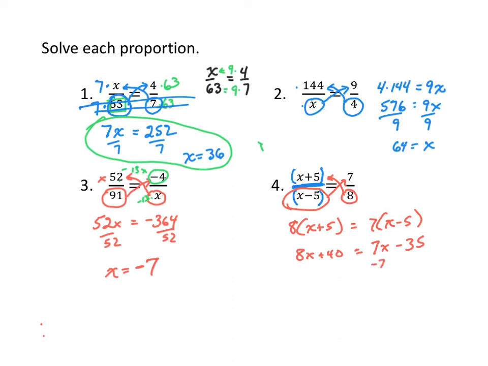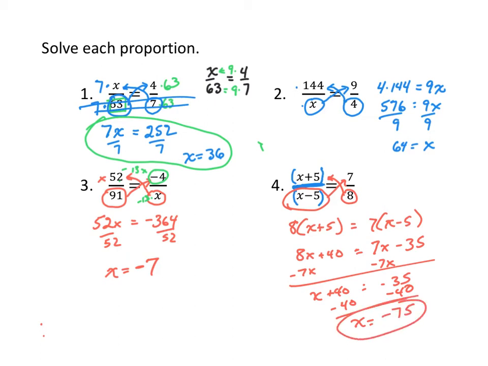So let's subtract 7x from both sides. So now we have x plus 40 equals negative 35. And when we subtract 40 from both sides, that would be negative 75. Okay. All right, there's our solving proportions.